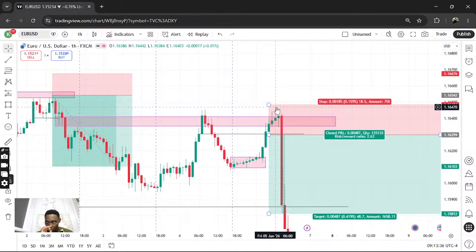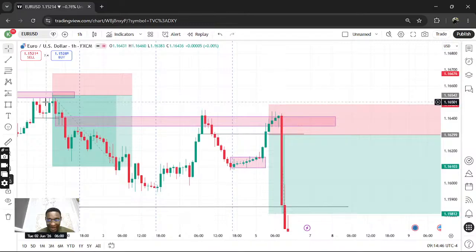If you look at these rejections that were happening, that is a sign that the buyers don't want to continue the movement upwards to take out this high and this high. So the bears, the sellers in the market, are becoming stronger and they are coming in much at this particular point. So during the New York session, when the news was released for NFP, boom, it happened.